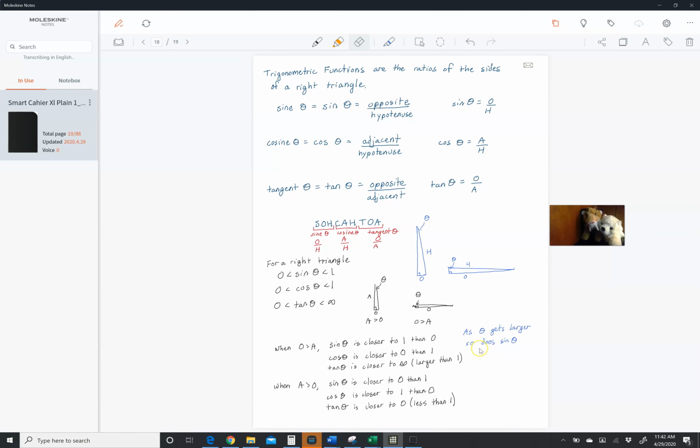The opposite is true for cosine. As our theta gets bigger, you could see that our adjacent is decreasing, okay? Our adjacent is getting smaller. And when our adjacent gets smaller, what that tells us is that the cosine is getting smaller.